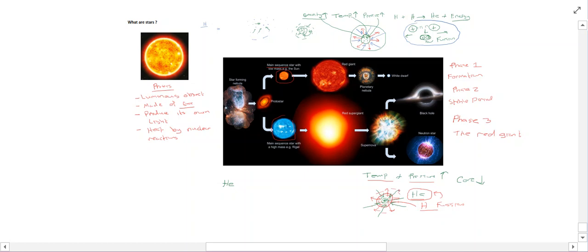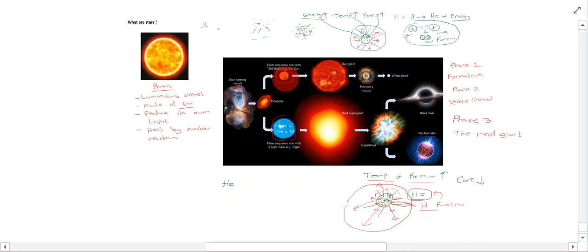So what's starting to happen then is the outside radius of the star starts to increase. You get a bigger and bigger radius being formed. The core gets denser and denser, but the radius around the star starts to increase.